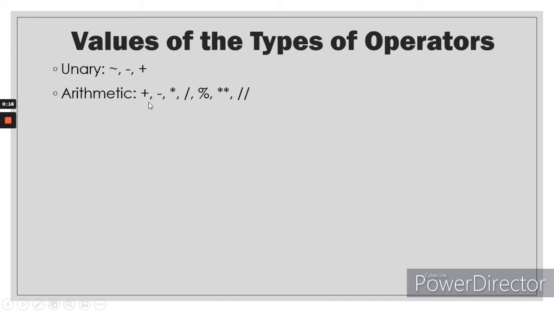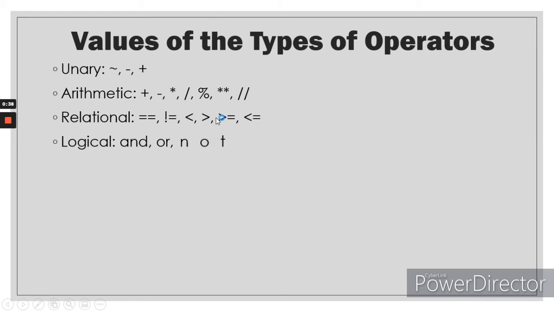Arithmetic has plus, minus, multiplication, division, modulus, then the exponent and double slash. Relational is equal to, not equal to, less than, greater than, less than or equal to, and greater than or equal to. Logical: and, or, not, three different ones.